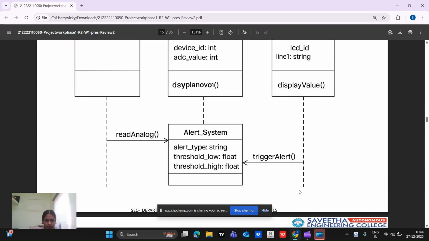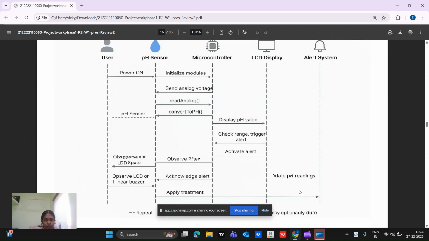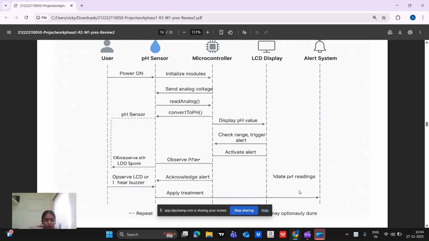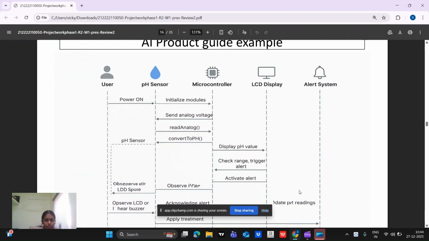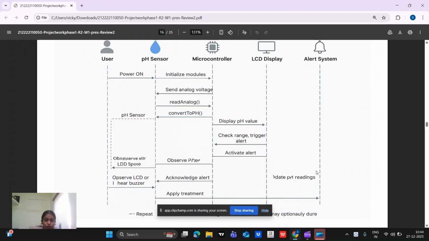Another sequence diagram. This is an example of how the workflow works in the project.